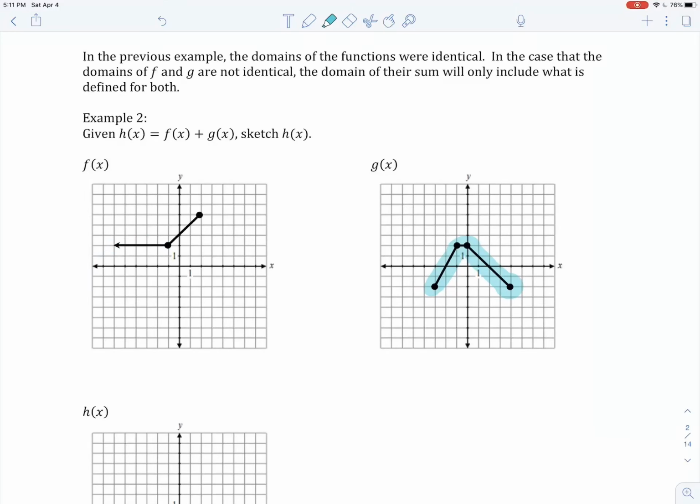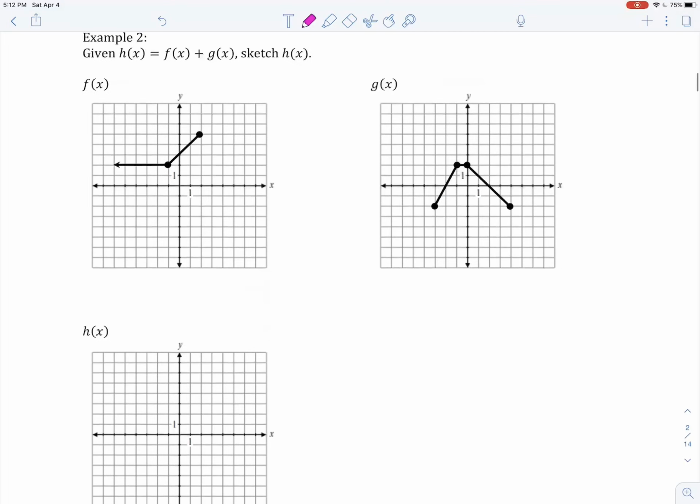The sum or difference function, whichever we're tasked with sketching or analyzing or algebraically getting an equation for, its domain will only be what's common to the original two functions. This one has a lower limit of -infinity. This one's lowest possible value is -3. So the lowest possible value we can actually take the sum of is when x is -3. That's where this whole thing starts.